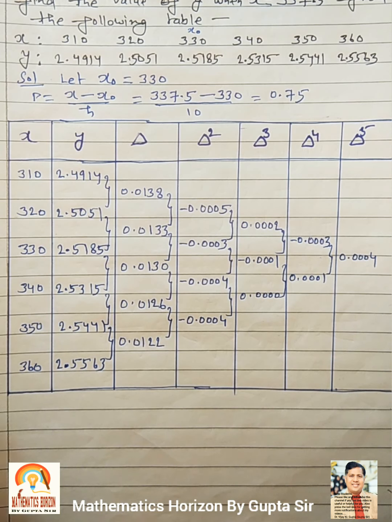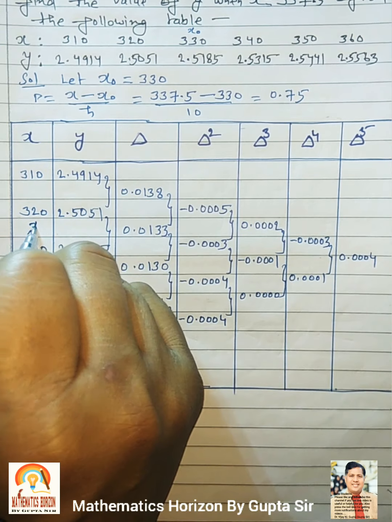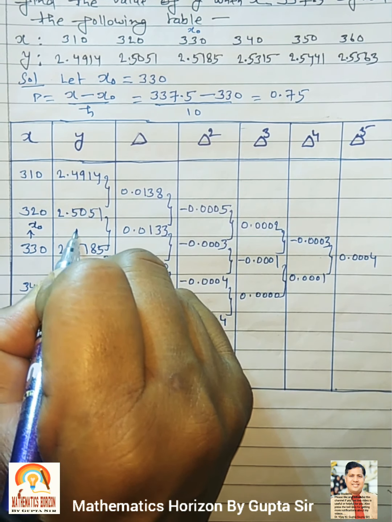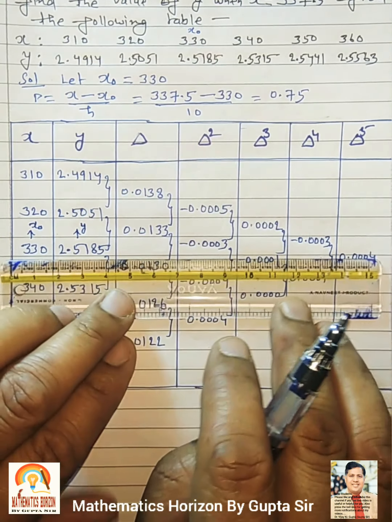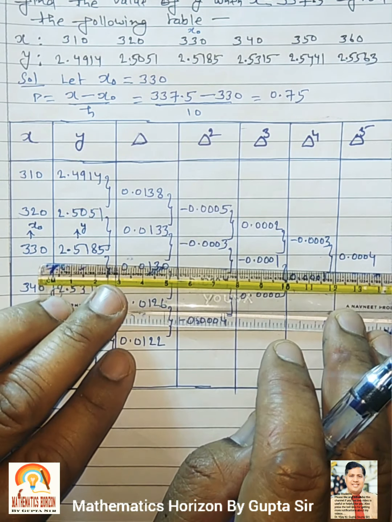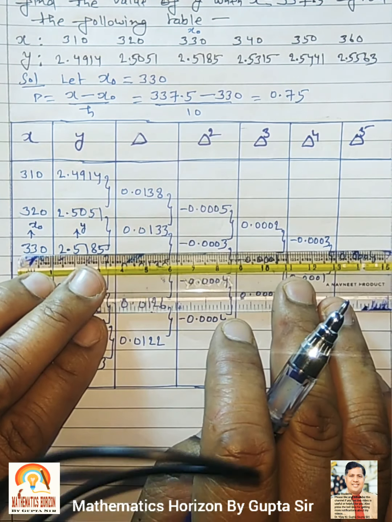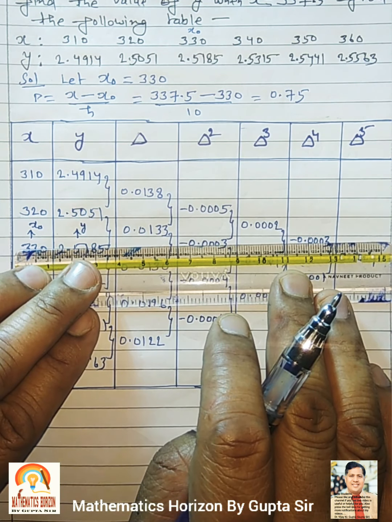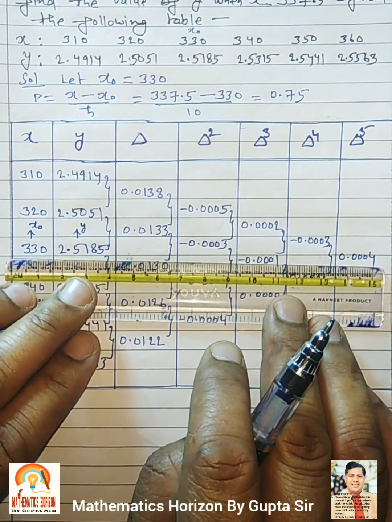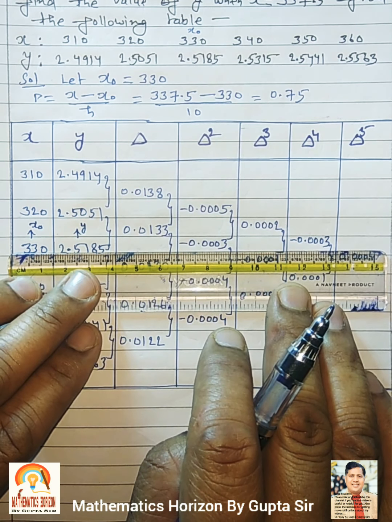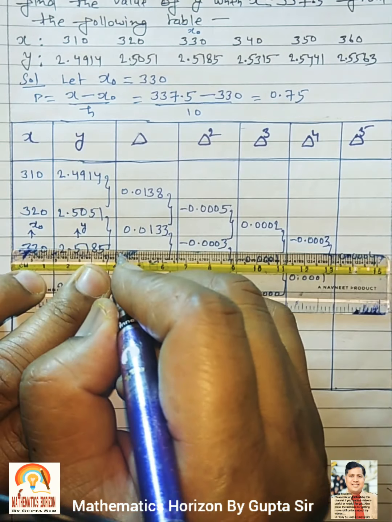Here we assume this term 330 is our x0, and in front of this is our y0, and this line is called the central line.